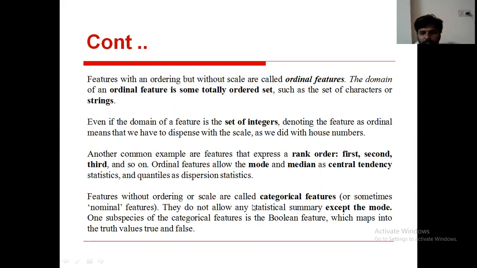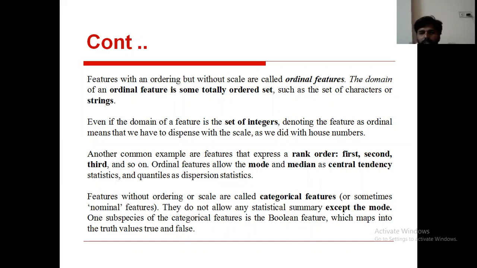And coming to the next type, that is the categorical features. Here, categorical features allow both ordering as well as scale. Means we can measure categorical features on a fixed scale, and we can arrange categorical variables in proper order. Right?